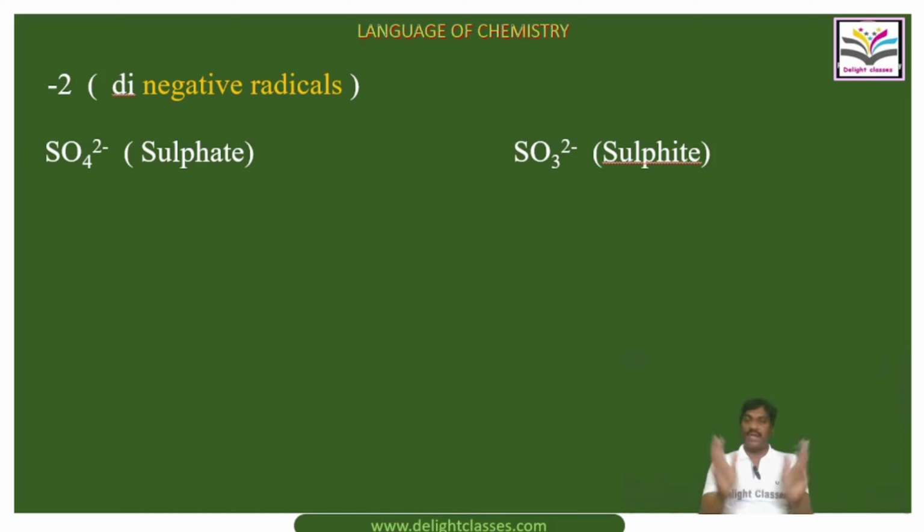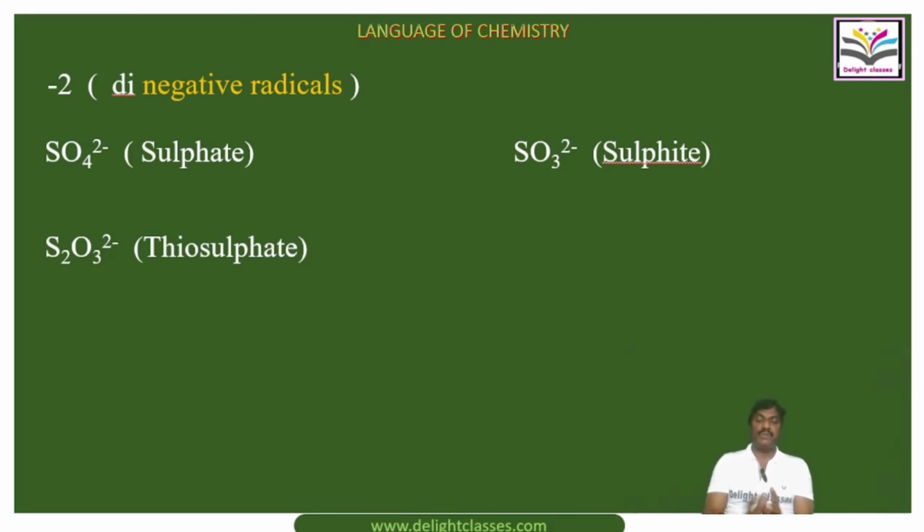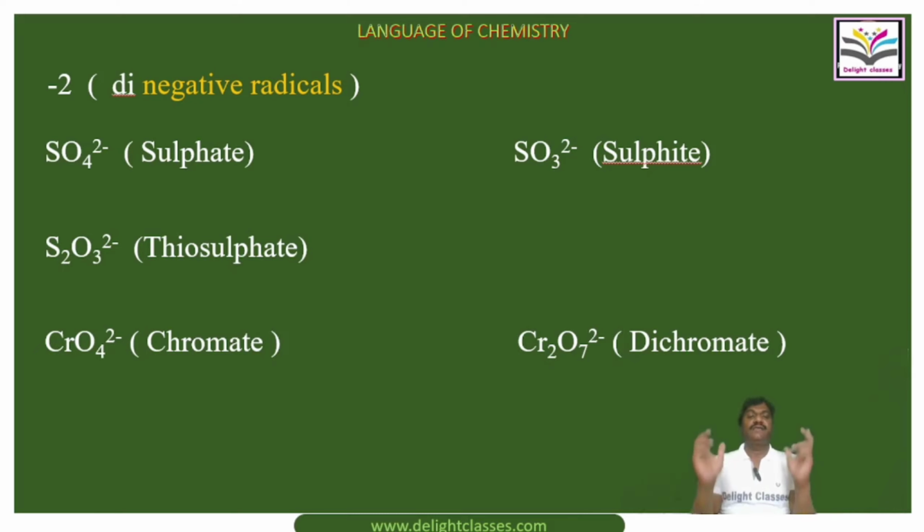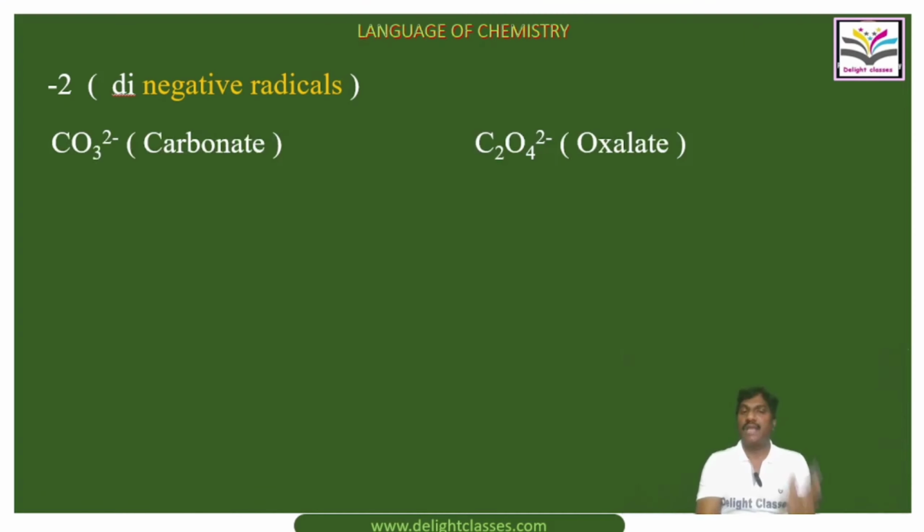Now here we are going to see di-negative radicals. That is sulfate, SO4 2 minus; sulfite, SO3 2 minus; thiosulfate, S2O3 2 minus. Then CrO4 2 minus is chromate, Cr2O7 2 minus dichromate. Now some more examples for di-negative radicals.